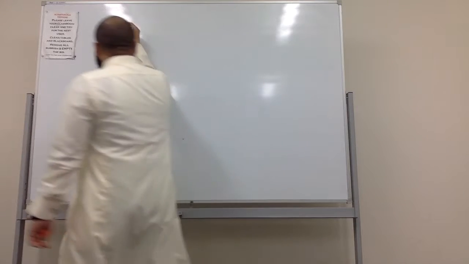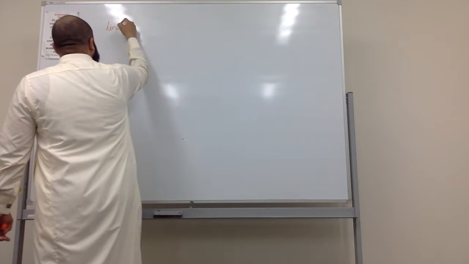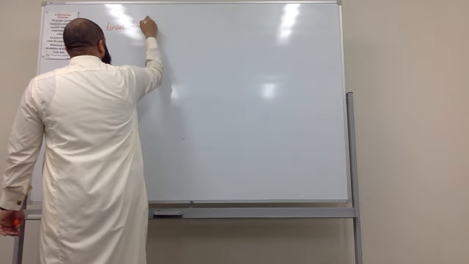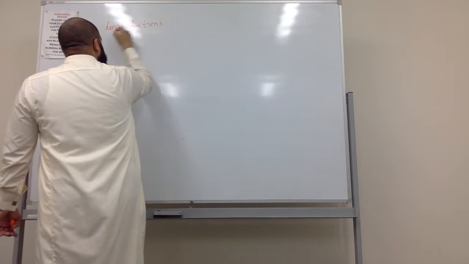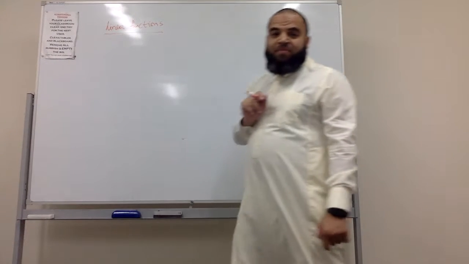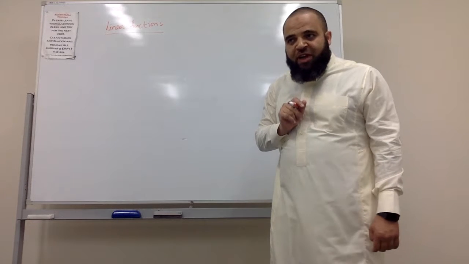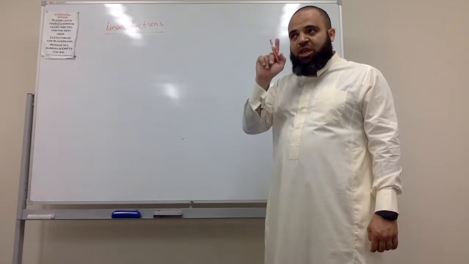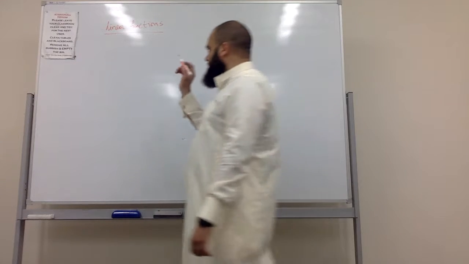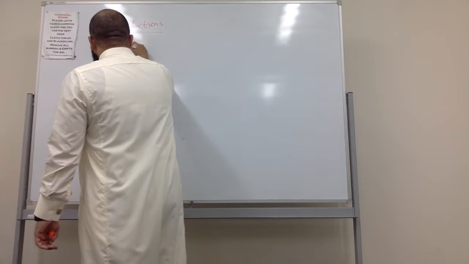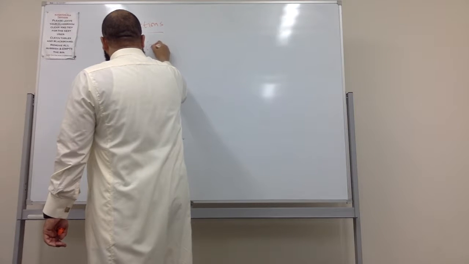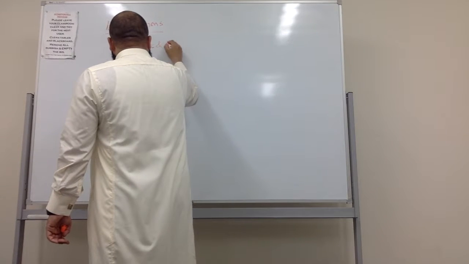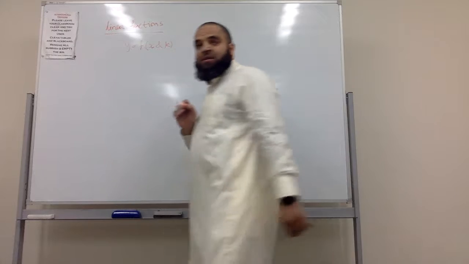Yeah, linear functions. So we discussed linear functions. Okay? What did we say about linear functions? Yeah, it's a function in one unknown only. So for example, y equal function of x and constant k.